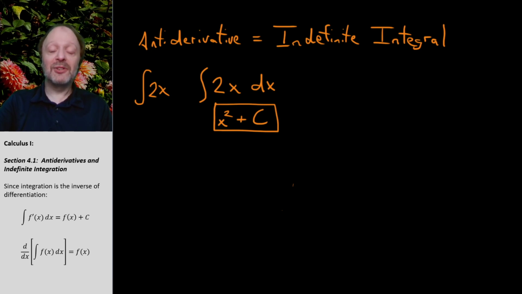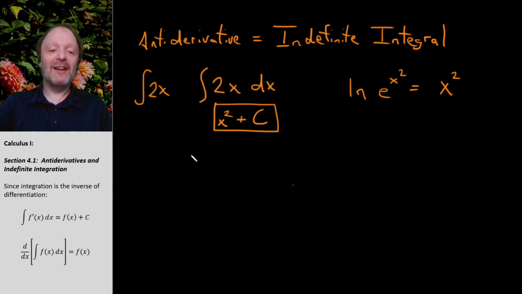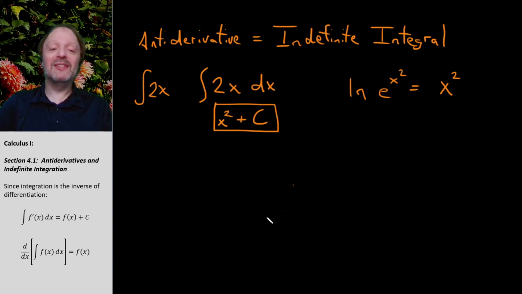Because that's what an inverse should do. If I take the natural log of e to the x squared, that's just x squared, right? Because they wipe each other out.